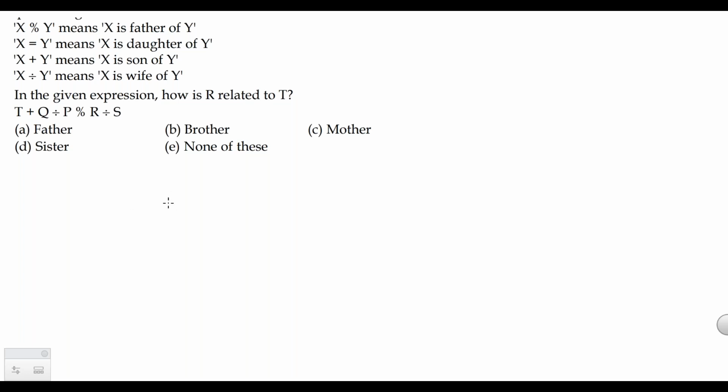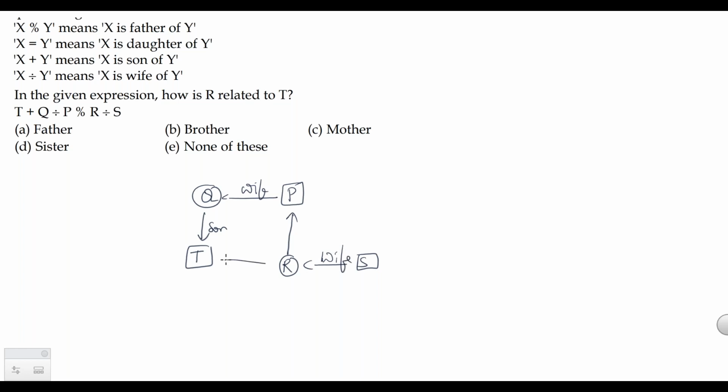T plus Q. T is the son of Q. Q divided by P. Q is the wife of P. P percentage R. P is the father of R. R divided by S. R is the wife of S. So how is R related to T? So we can say R is the sister of T. Answer option D.